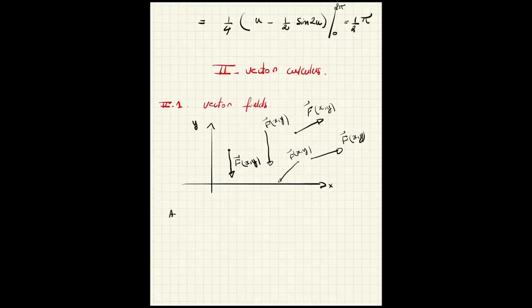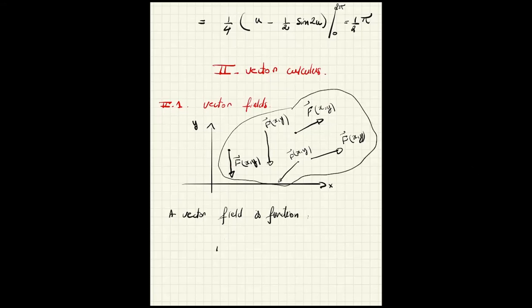So a vector field is a function that goes from R2 to R2. Well, not really R2, but in general it's only defined over a region D inside R2, to R2.